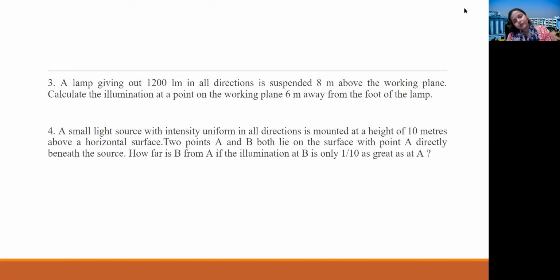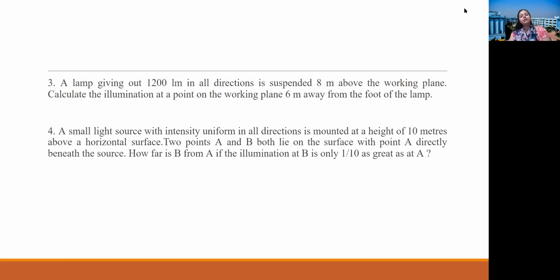Now, here we have 2 points A and B. A is just below the source. So for A, D is 10 meter and theta is 0 degree. So directly we can calculate the illumination E1 for A. Next for E2, let the distance between A and B be x, and from there we have to calculate the hypotenuse, the value of cos theta, and then illumination E2.